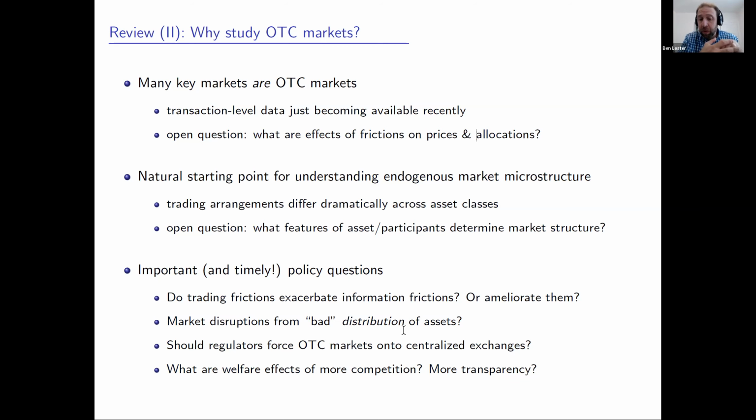In March of 2020, we saw disruptions in the treasury market and the corporate bond market. These are OTC markets, and regulators are grappling with questions about whether these markets should be forced onto more centralized exchanges. But we don't really understand, I would say, the welfare effects of making these markets more competitive, more centralized, more transparent. So there are a lot of really interesting and important questions.